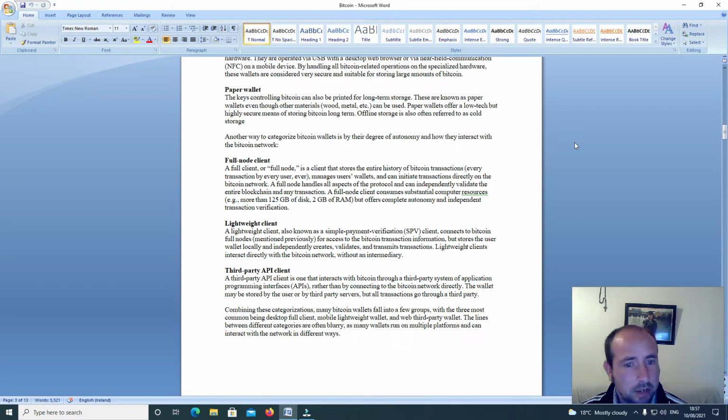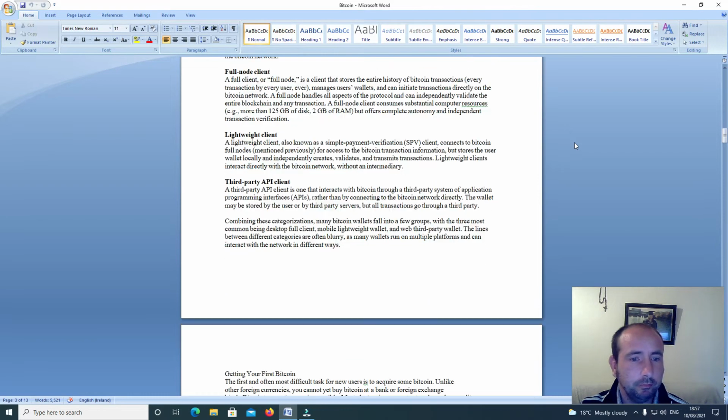Another way to categorize Bitcoin wallets is by their degree of autonomy and how they interact with the Bitcoin network. A full client, or full node, is a client that stores the entire history of Bitcoin transactions, every transaction by every user ever, manages users' wallets and can initiate transactions directly on the Bitcoin network.